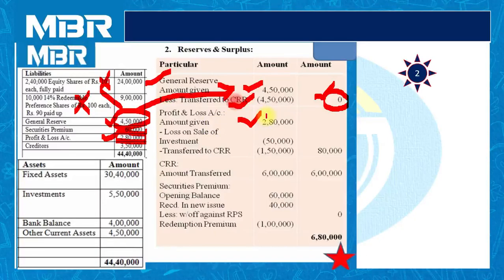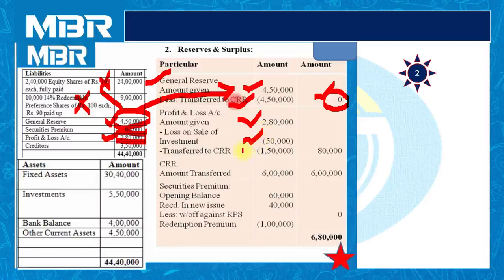In the very first transaction, we sold our investment at a loss of rupees 50,000. So we have to deduct the amount of loss from the profit of rupees 2,80,000. Simply, we add the amount of profit and we deduct the amount of loss. So it is deducted from the balance 2,80,000.